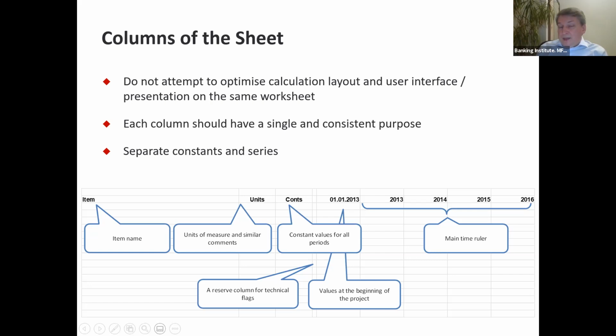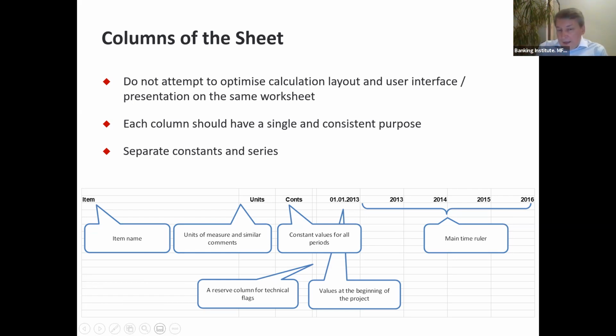Although in many cases it's more convenient to put even constants in the periods and repeat them in each period, to make your formulas more clear, so that all the items in the formula refer to the same column.